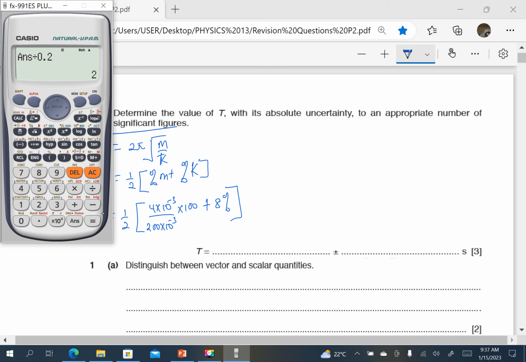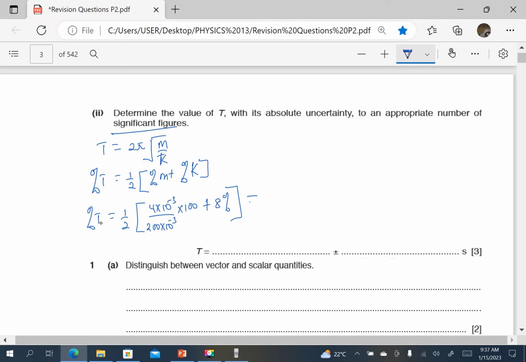So plus 8%. Then I divide this by 2 because of this half here, that is 5%. Therefore, the percentage uncertainty is 5%, but that's not what we want.